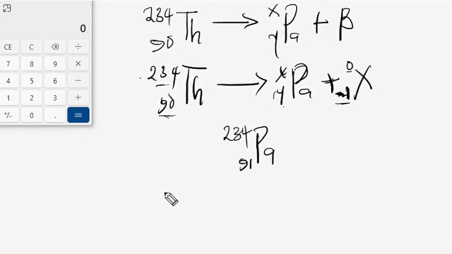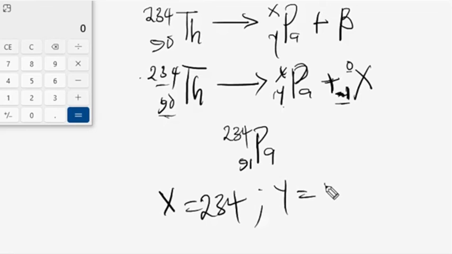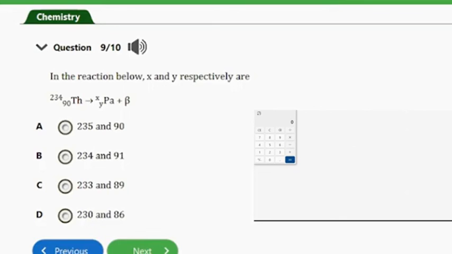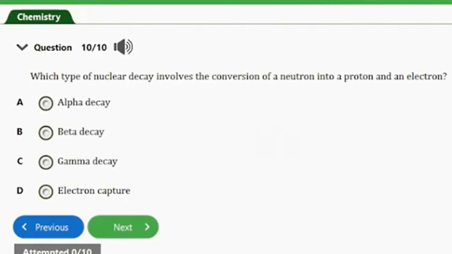So in this case, X will be 234, and then Y will be 91. So that's option B here, and that's the answer to this question. So we'll go ahead and wipe this off, and then we'll consider the next question, and that's question number 10.